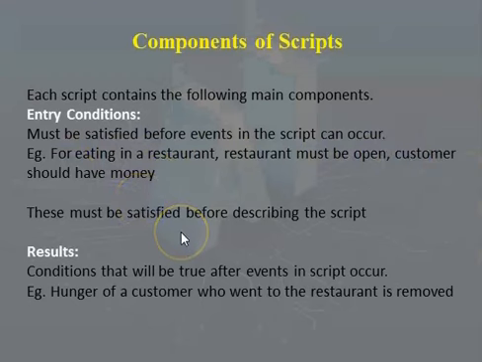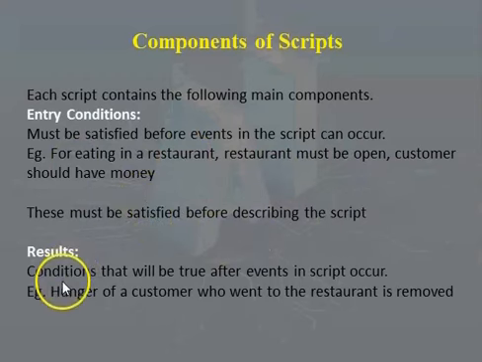Without money, we cannot go to a restaurant and have the food. Then the customer needs to be hungry, and there will be such preconditions set for an event to happen. These must be satisfied before describing the script. If these conditions are satisfied, then only we can go with the script.